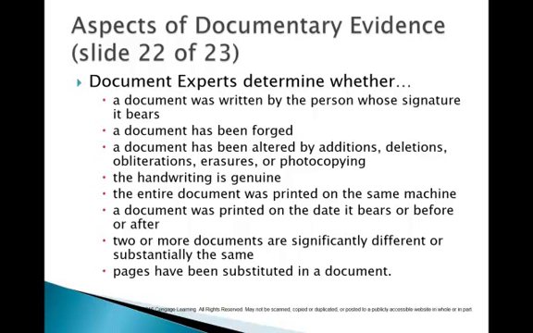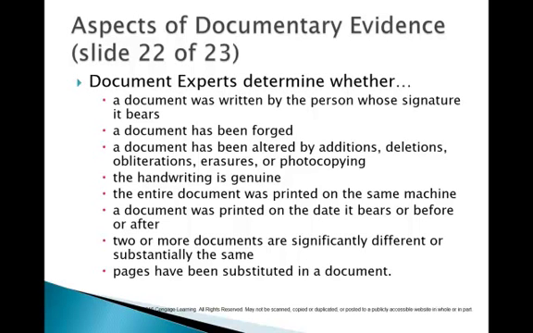Document experts can tell if two or more documents are significantly different or substantially the same, or if pages from a document have been substituted within a document. These fraudsters are very sophisticated, and they're pretty good at photocopying, pretty good at making altered documents look like originals.